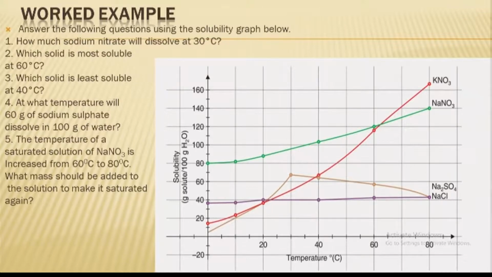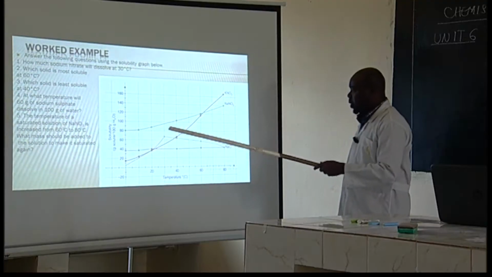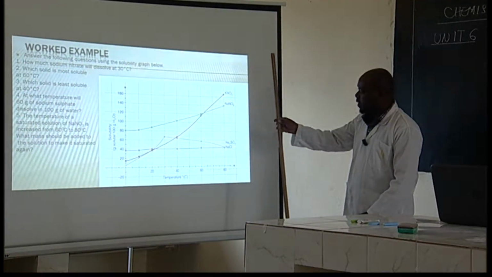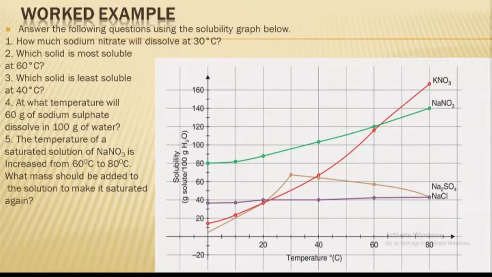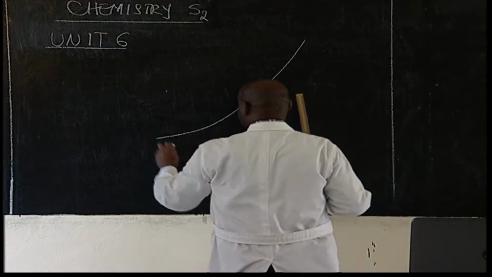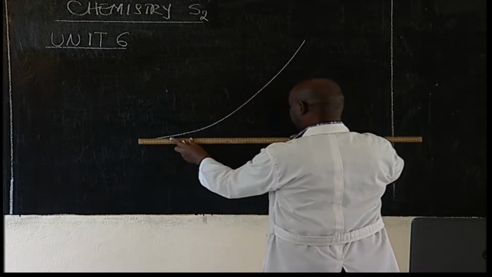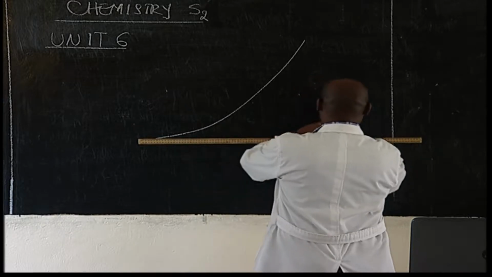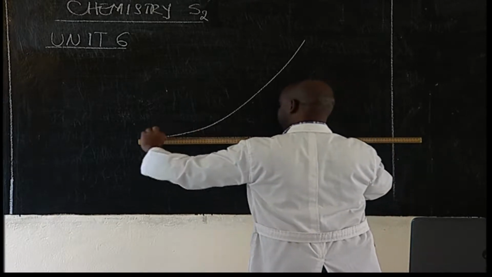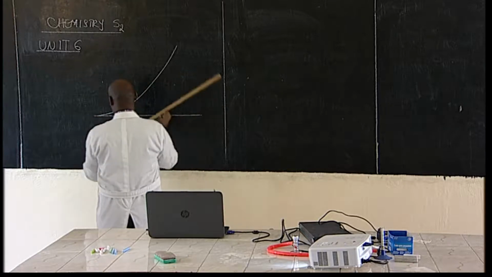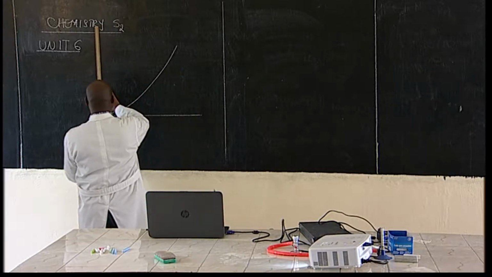So this one should be perpendicular to the x-axis, and this one here should be perpendicular to the one which is vertical. So it should be like this. If you have your curve, which is like this, and then here we have the y-axis, this is the x-axis, and here we have y.